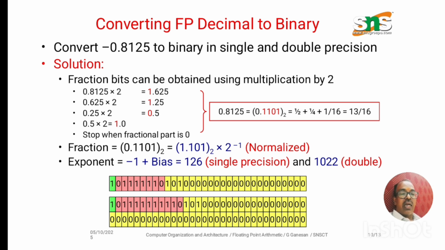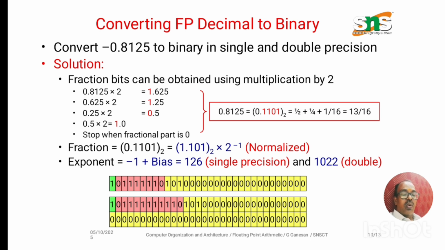Then again the fractional part 0.625 is multiplied by 2. We get 1.25. Then 1 is taken, then 0.25 is again multiplied by 2, we get 0.5. Then 0.5 is again multiplied by 2, we get 1.0.